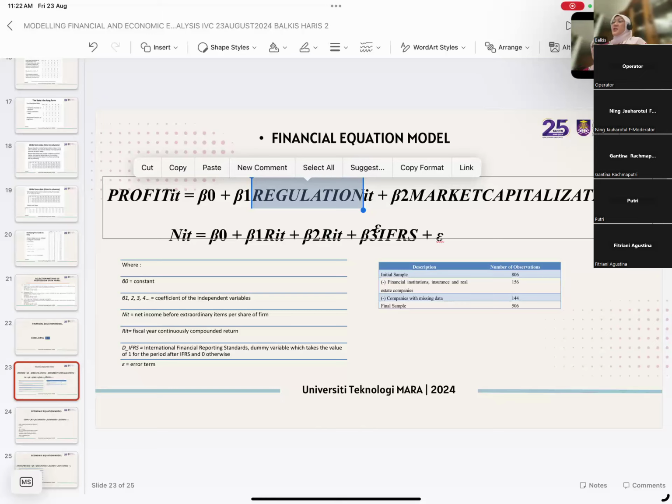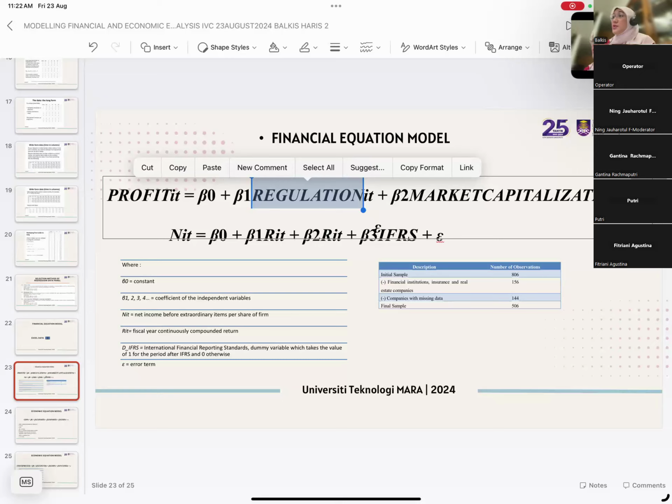Market capitalization is the size of the firm. We measure market capitalization as the stock price times the capital of the company. Market capitalization, according to the literature, measures the size of the company. So the bigger the firm or the bigger the bank, the higher the profit.